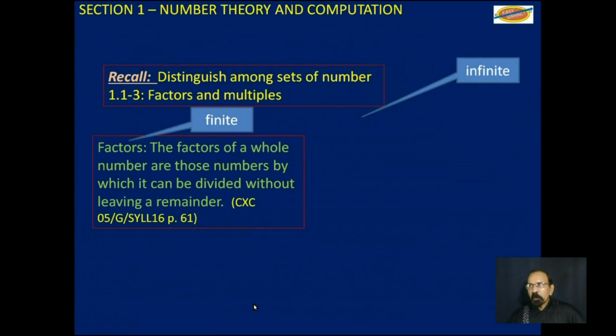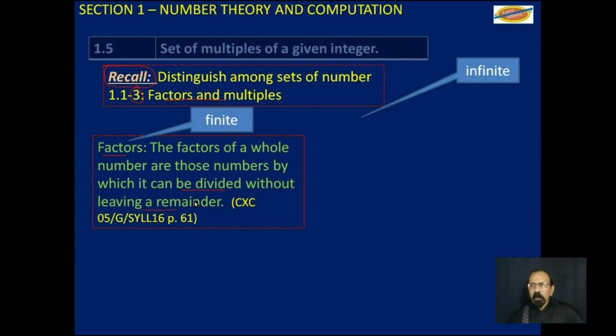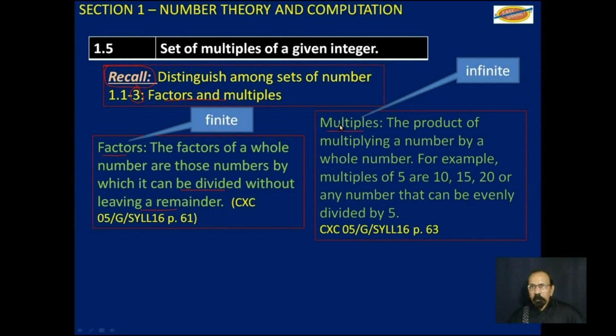So from video 1.1 part 3, when we were dealing with factors and multiples, we said that factors of a whole number are those numbers by which it can be divided without a remainder. And then we talked about multiples, the product of multiplying a number by a whole number.